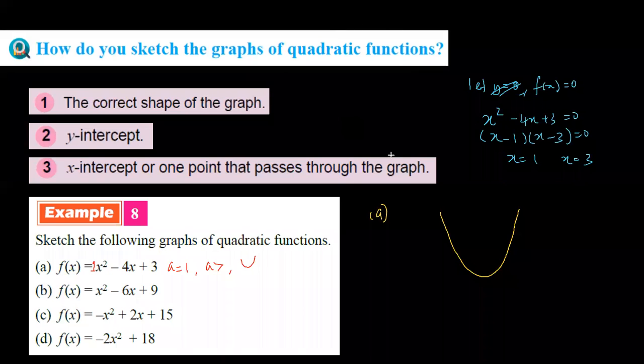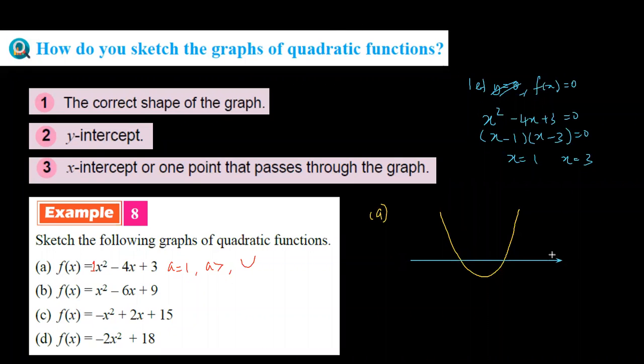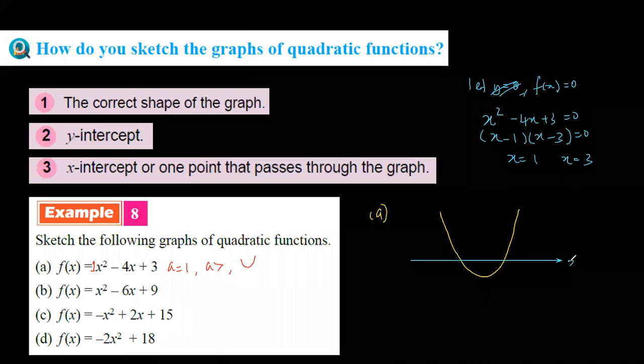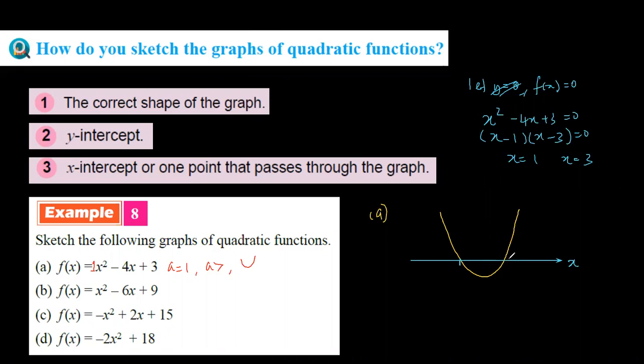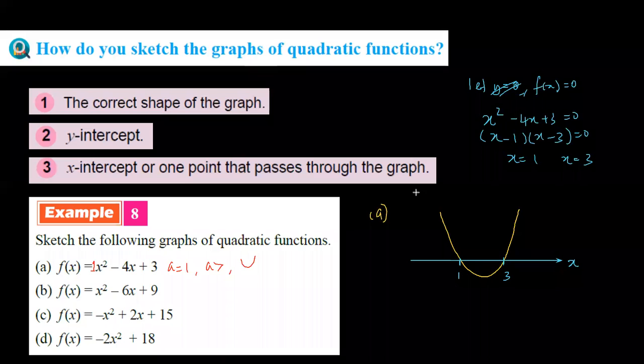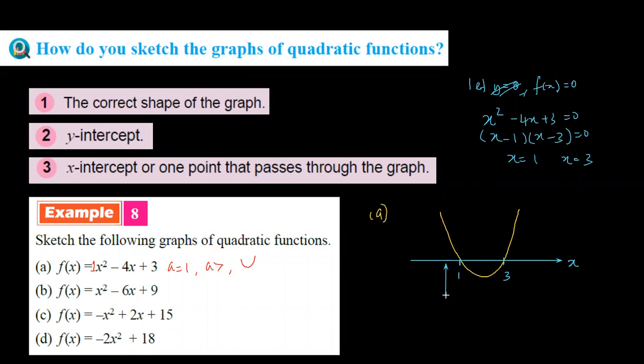Now we can draw the x-axis. The graph cuts through the x-axis at two points, 1 and 3. So where is the y-axis then? The y-axis is where x equals 0, so it will be in front of 1. The last thing you need to do is find the y-intercept.